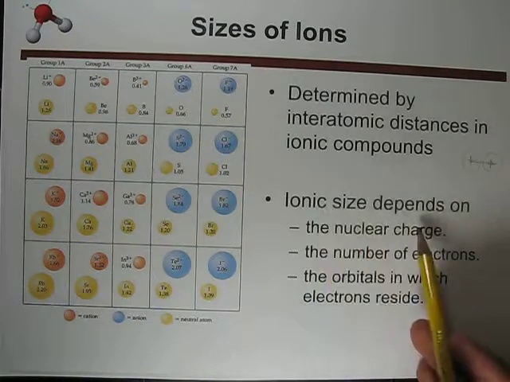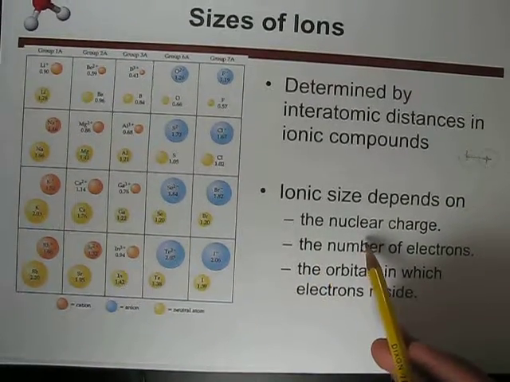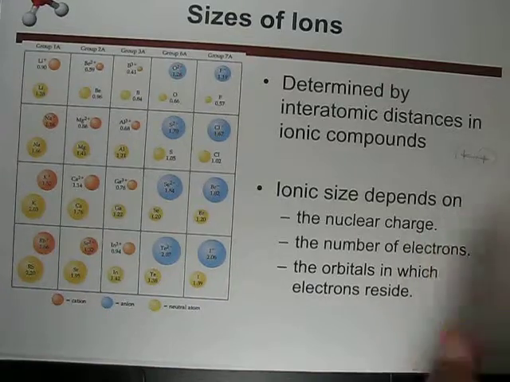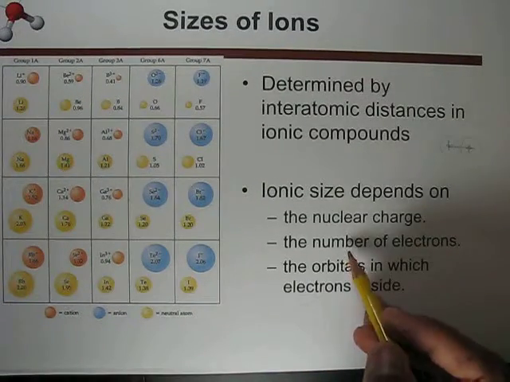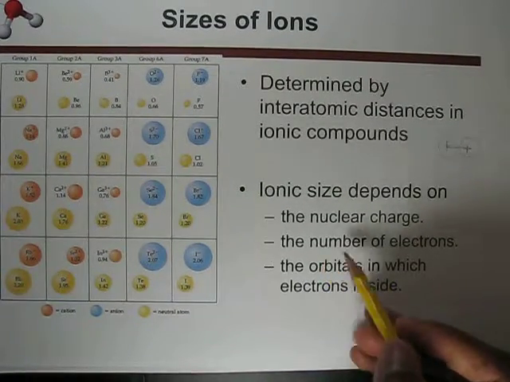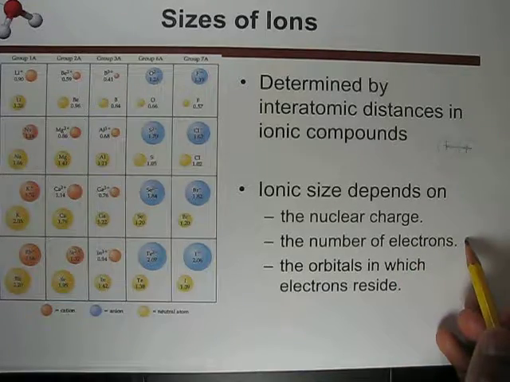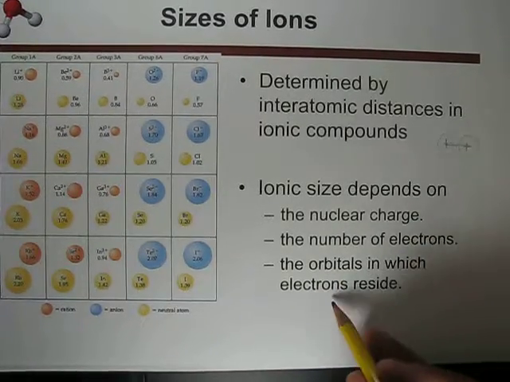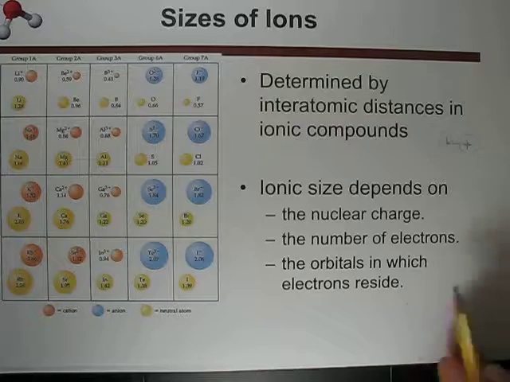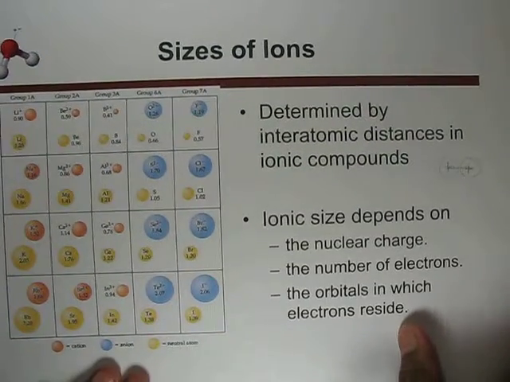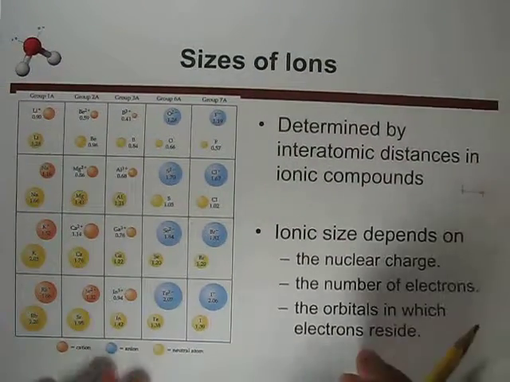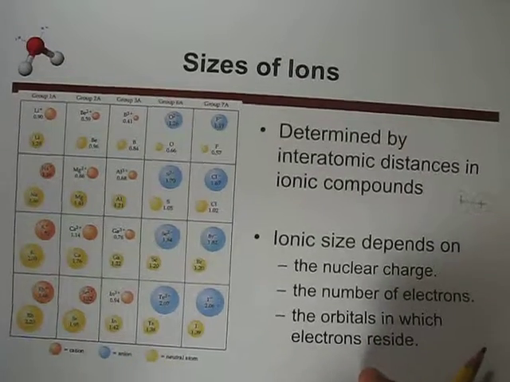So ionic size depends on the nuclear charge, how many protons there are, the number of electrons, and the orbital in which the electron resides. So there are three important things which contribute to the size of an ion.